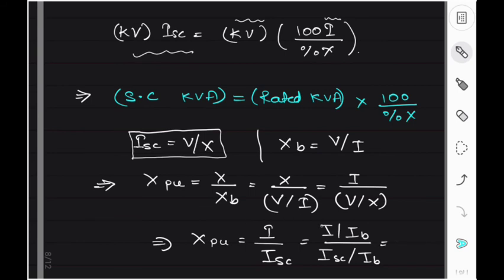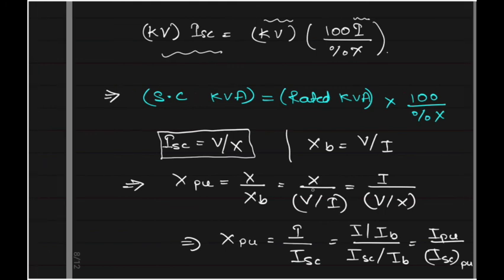So what is I divided by I base? That is I per unit, and short circuit current divided by base value is the short circuit current in per unit value.